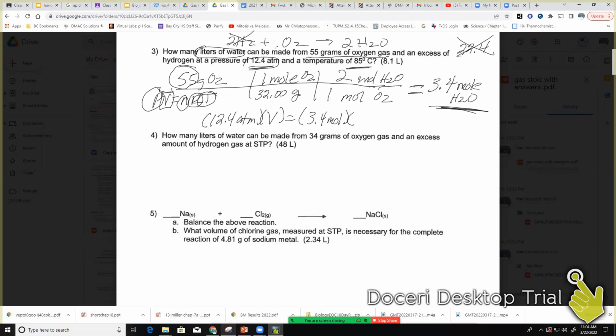Because I used atmospheres, I could use the 0.0821 and my temperature, 85 plus 273, is 358 K. You end up having all 3 of these divided by 12.4. And our answer, because of that 55 grams, can just have 2 sig figs. So you're hoping that you get 8.1.